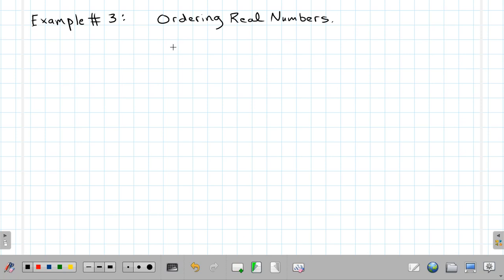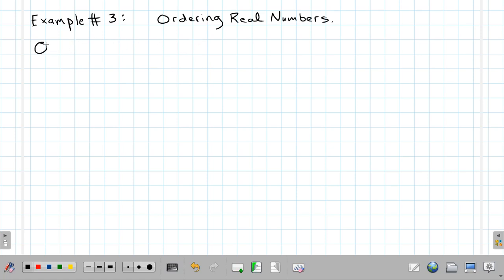So we need to know which number's bigger, which number's smaller, which I've kind of been hinting at in class. And I've kind of mentioned in videos before, is that when we have all these different types of numbers, once again, we're going to be seeing, in this example, square roots. We're going to be seeing the number pi. We're going to be seeing a mixed number. So we need to know how to take all these different types of numbers and write them in the same way. And what I mean by that, well, let's go ahead and look at the example.